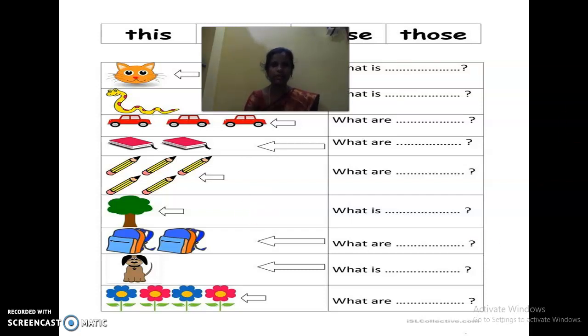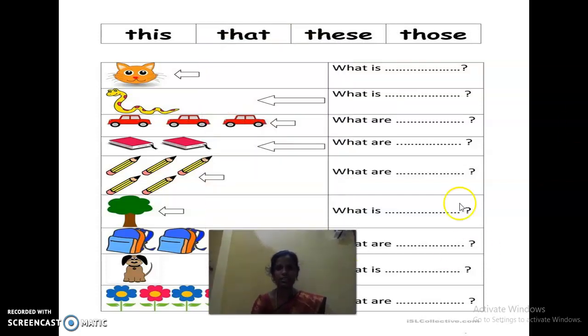Okay, see here. The first one, what is that? Yes, it's a cat face. Is it near or far away?